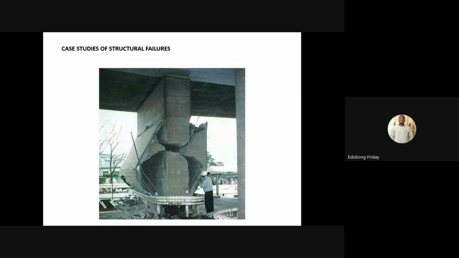So what that simply means is whenever there is a failure due to compression, one way to remedy it is to increase the cross-sectional area, to increase the amount of concrete. Once the size of the pier is increased to a bulkier size, it would counteract the compressive stress coming on this pier.